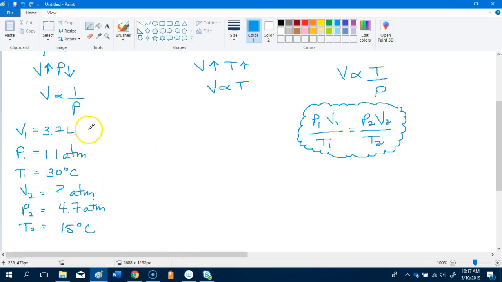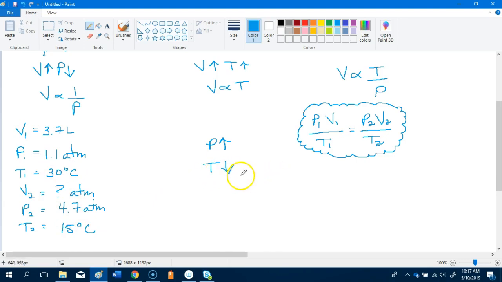One thing I like to do is predict what's going to happen with these changes in the variables. We don't actually have our volume yet, that's what we're predicting. So what happens to our volume when our pressure increases but our temperature decreases?